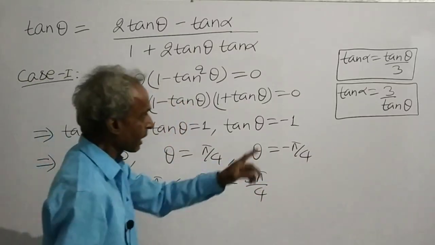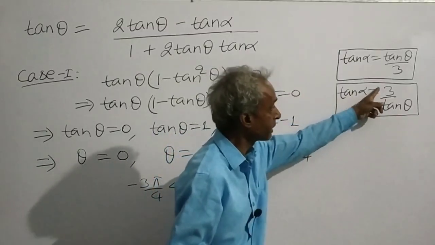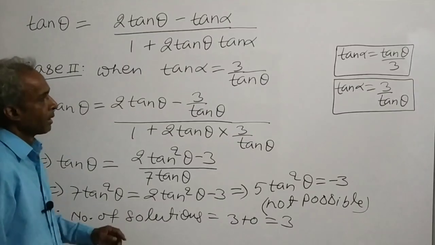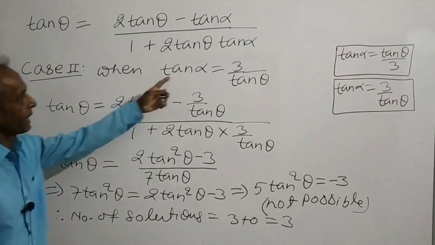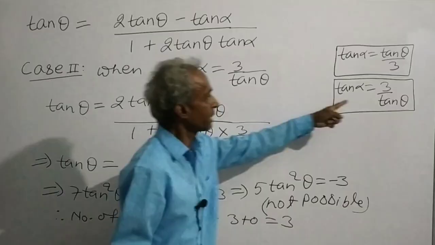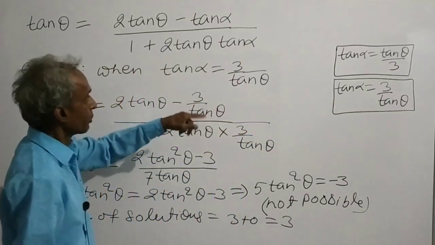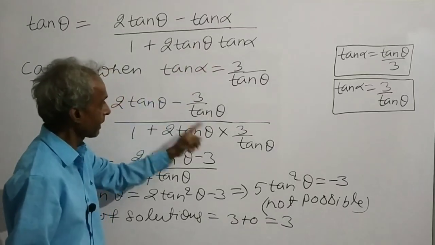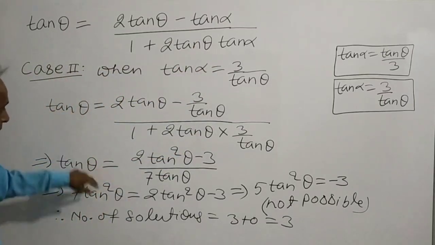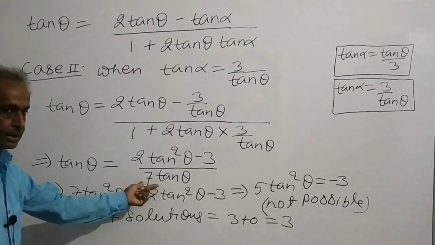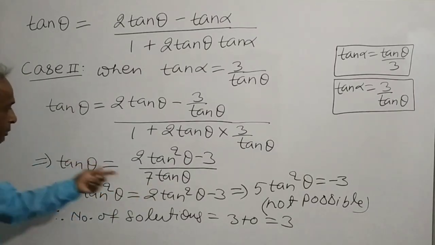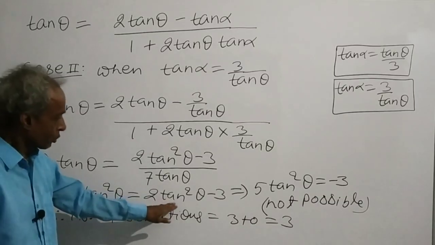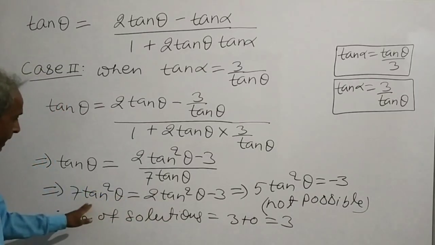Now we will consider case 2, tan alpha is equal to 3 by tan theta. Case 2, when tan alpha is equal to 3 by tan theta, then we put this value of tan alpha here and here. Then this becomes this, 7 tan theta, we shift this 7 tan theta to the left hand side. 2 tan square theta on the left hand side.